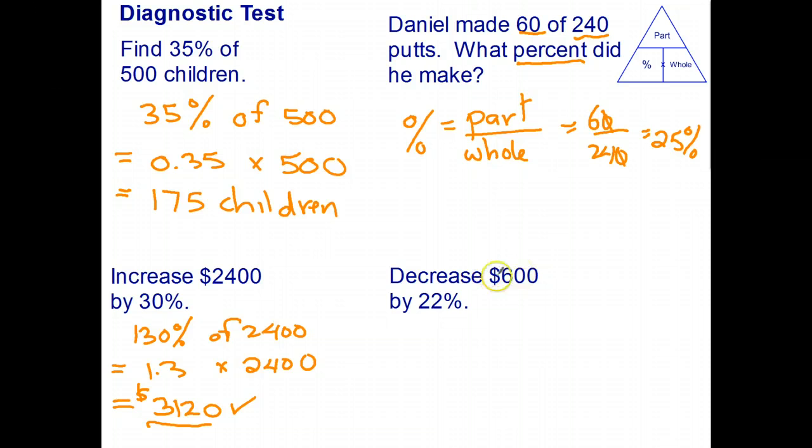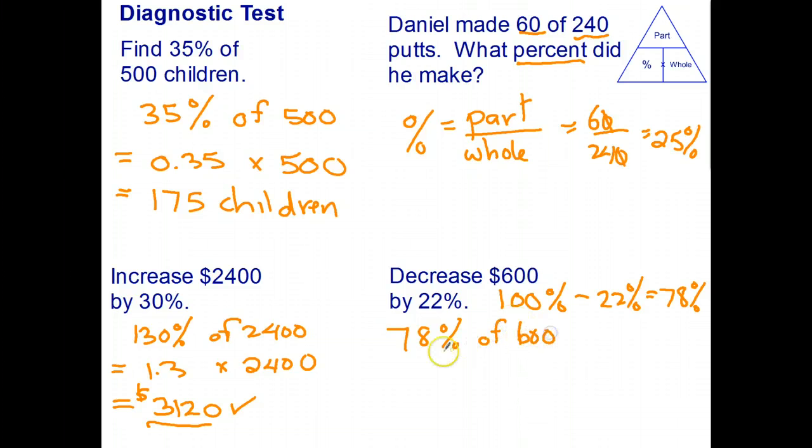And decreasing $600 by 22%, well, I can basically work out that if I've decreased it by 22%, what I have left is 78%. So I just need to find 78% of $600. 0.78 times 600.